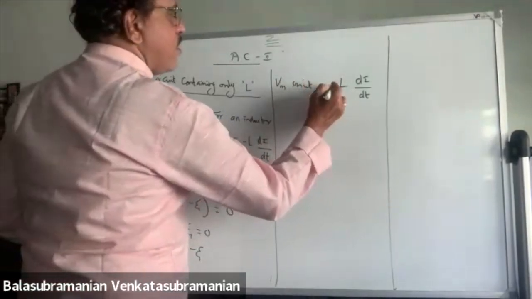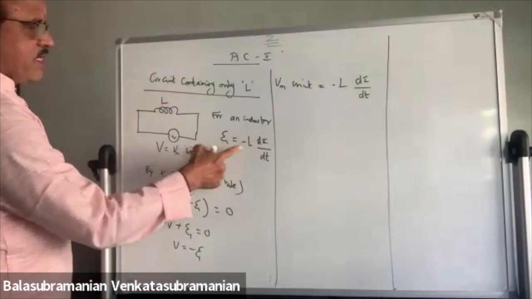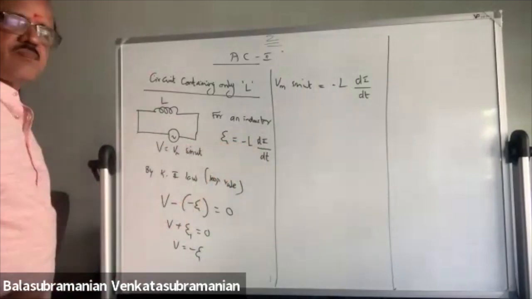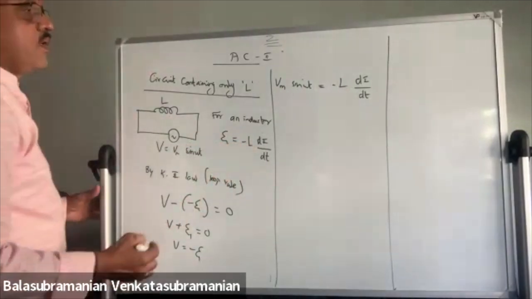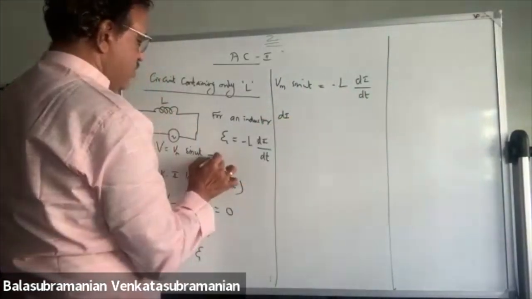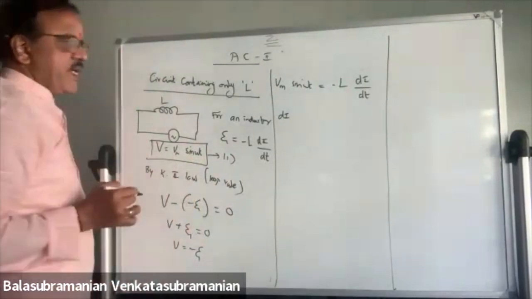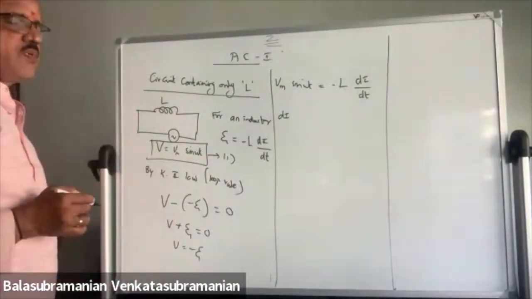So L into di by dt is minus psi. V is equal to Vm sin omega t, this is equation 1.